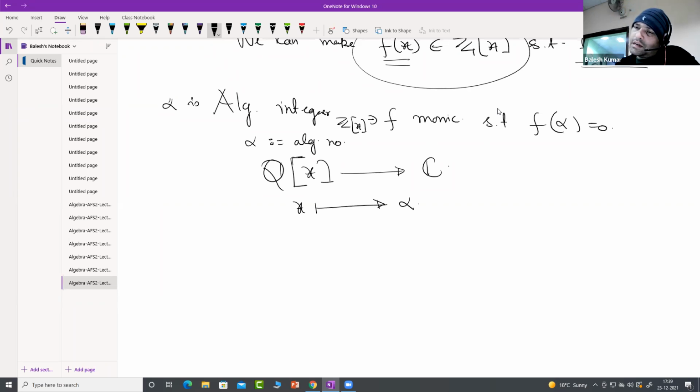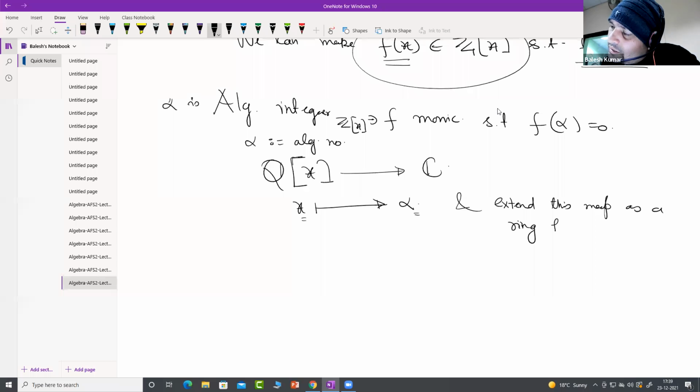If you send this indeterminate x to alpha and extend this map as a ring homomorphism, then this is precisely the substitution homomorphism that f of x goes to f of alpha.